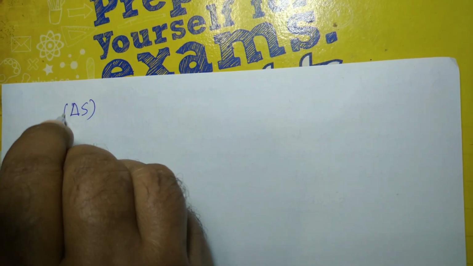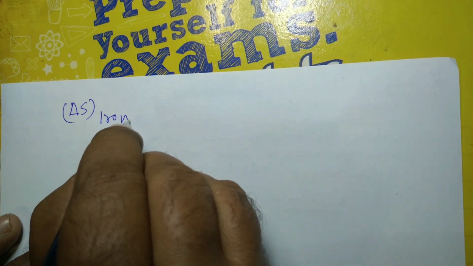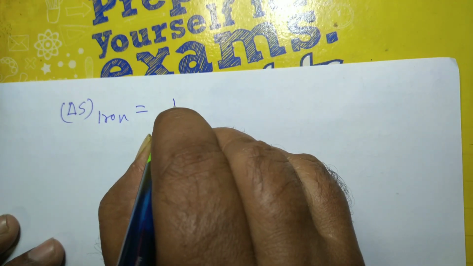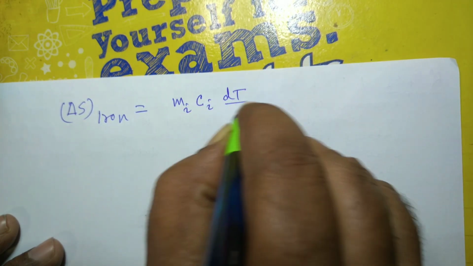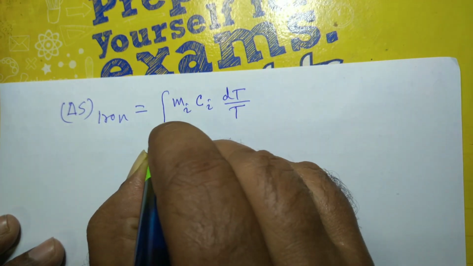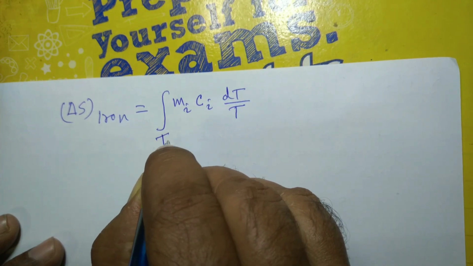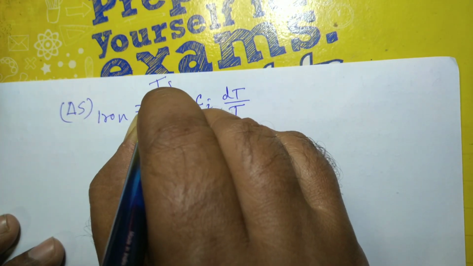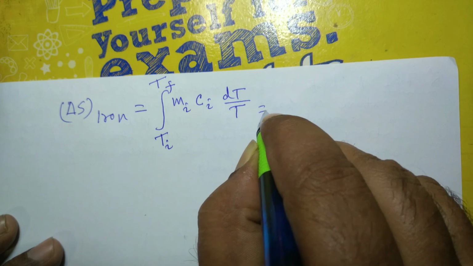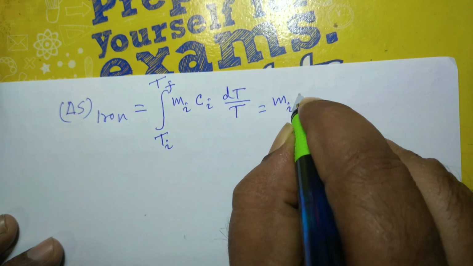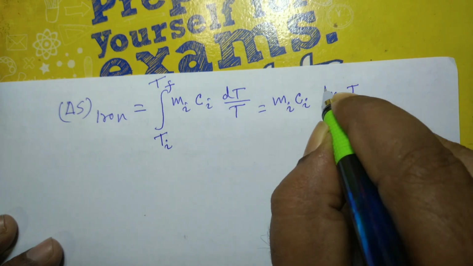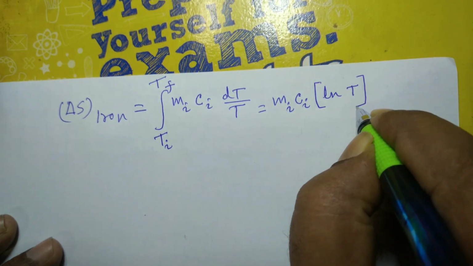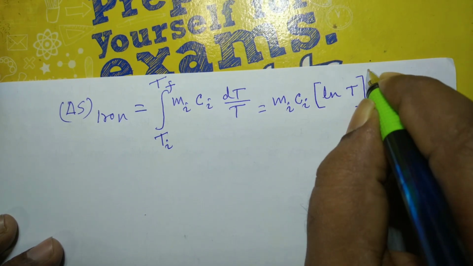Change in entropy delta S of iron is equal to integral of MiCi dT upon T, and the integration limit is from Ti to Tf. This is equal to MiCi ln of T, limit from Ti to Tf.